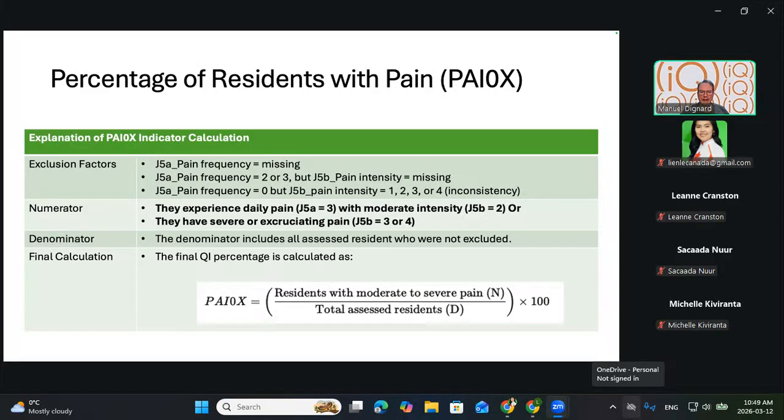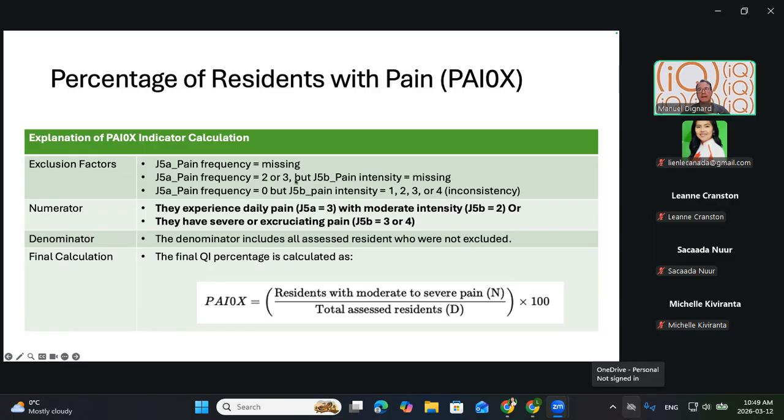So if we look at how this one is built, there's no exclusions for palliative or end stage. Pain is pain, it doesn't matter where you are in your disease progression. So if it's missing, we can't calculate it.